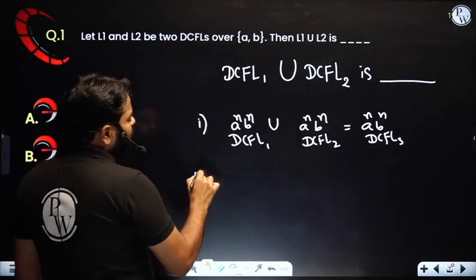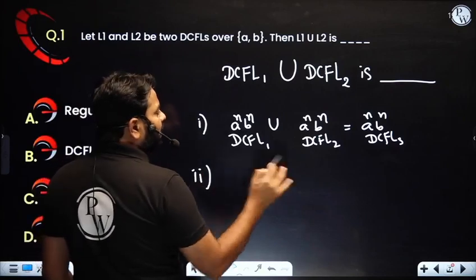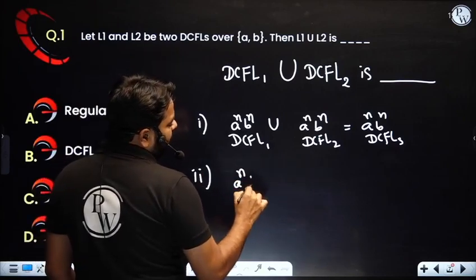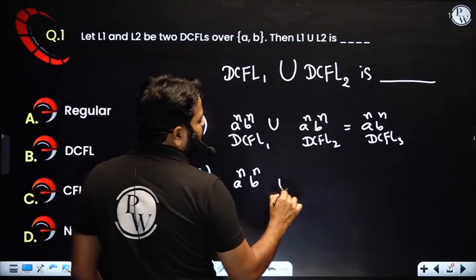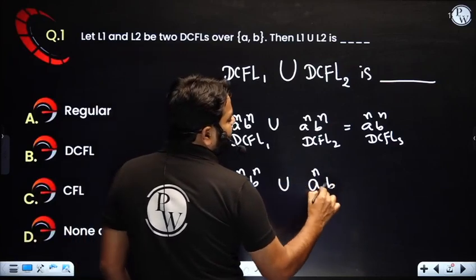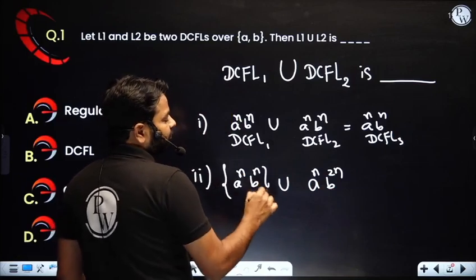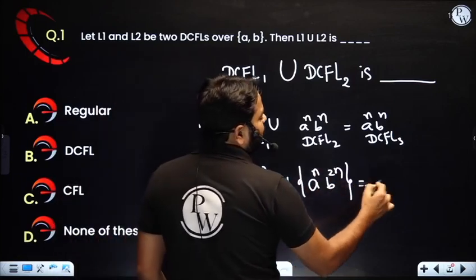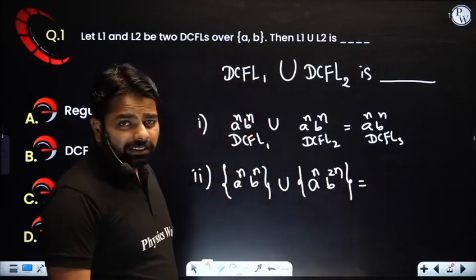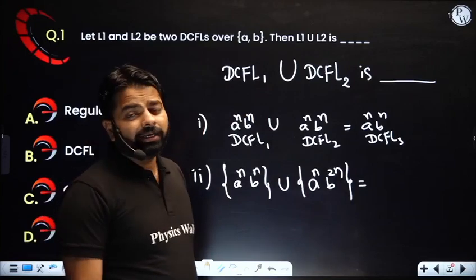We will worry about two languages, let's say a^n b^n union a^n b^(2n). When you take these two languages and do the union, what do you get? Do you get a DCFL? No, you don't get a DCFL.